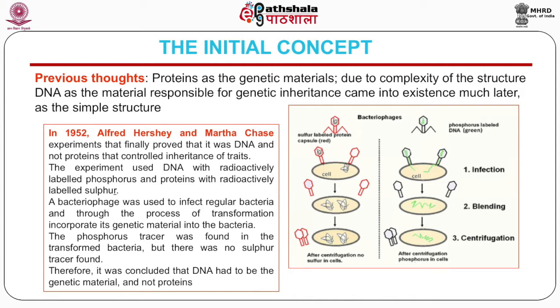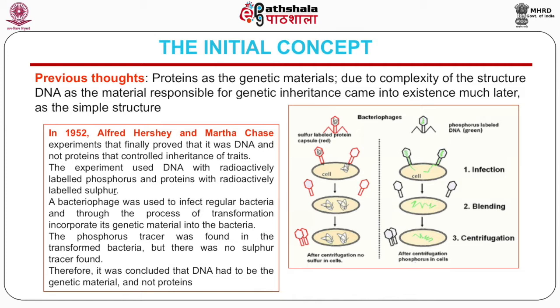That means that the material actively transferred from the phage to the bacteria is the nucleic acid, which is the unit of heredity. When only the proteins are there, there is no replication: the bacteriophage infects the bacteria, but there is no further replication of the phage.